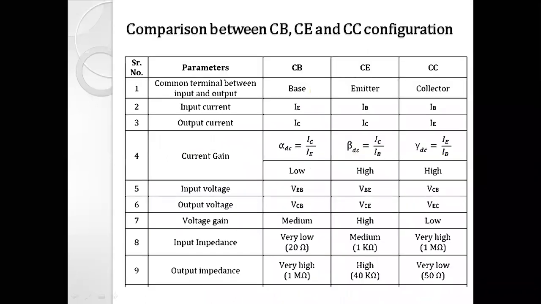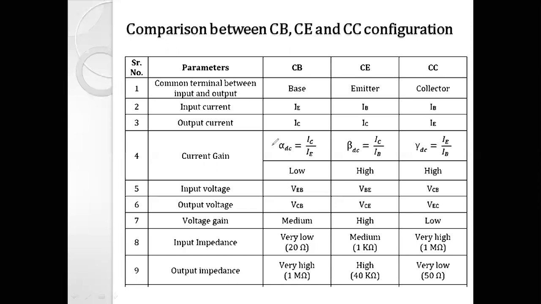Now let us compare each of the configurations, that is common base, common emitter and common collector configuration. A number of parameters are considered for this comparison. The first parameter is the common terminal between input and output. Which terminal behaves as common between input and output in each configuration?